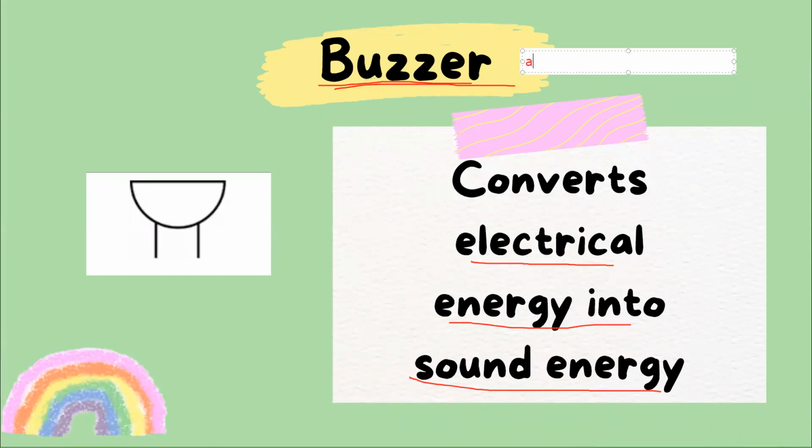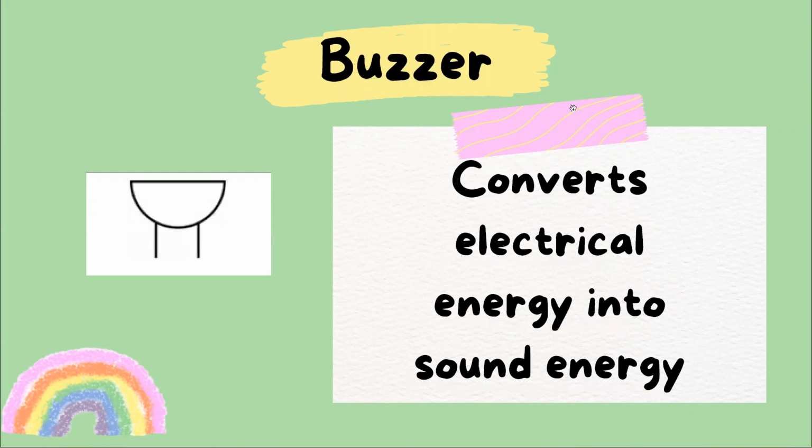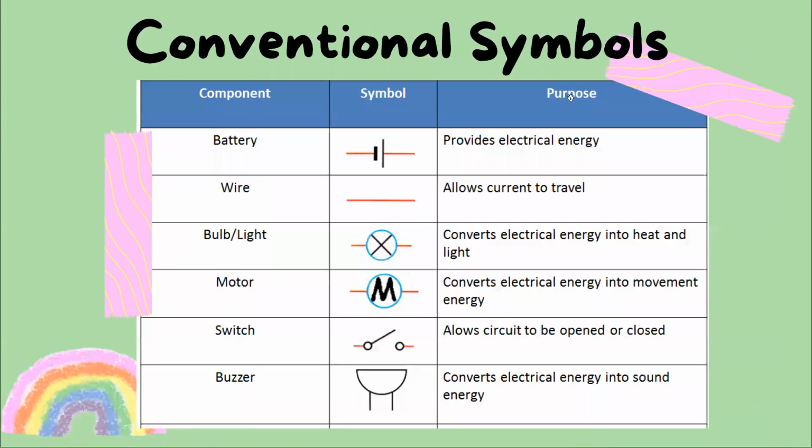An example would be a doorbell. That is the most simple example. A doorbell is a very classic example of a buzzer that we use in most of our homes. The buzzer will look like a button, and if you press the button, it will make sound. I'm ready to go on to the next part.